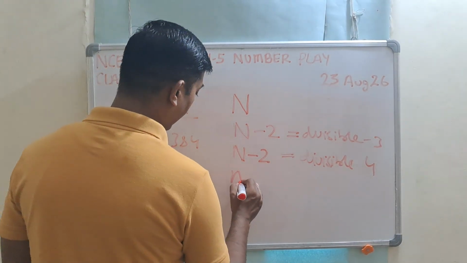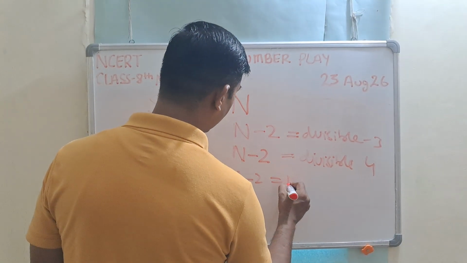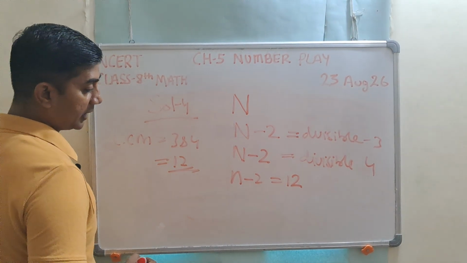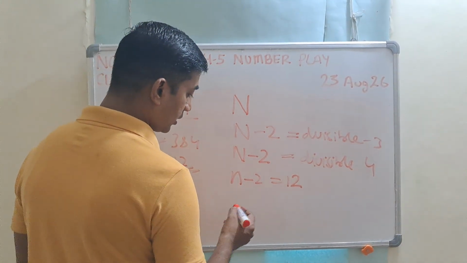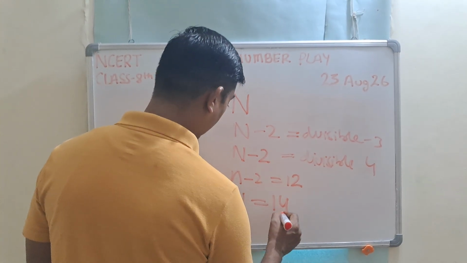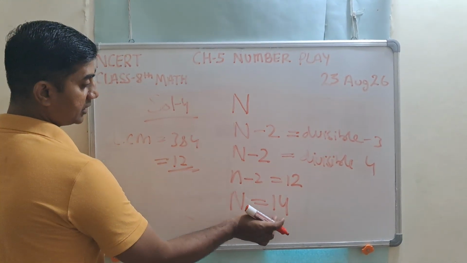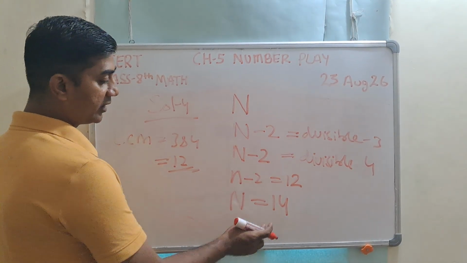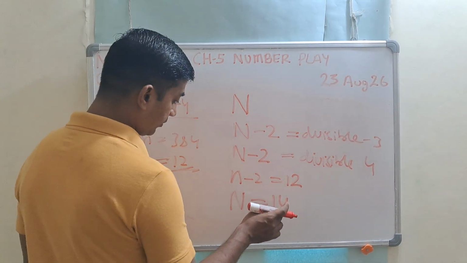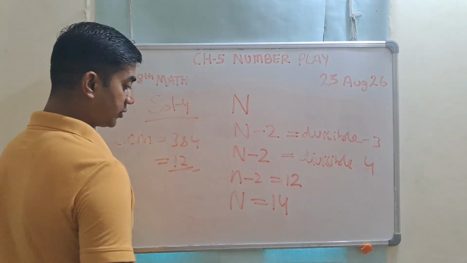So n minus 2 is equal to 12, and the value of n is equal to 14. Now this is the number. When we divide it by 3, we get the remainder 2. When we divide it by 4, we get the remainder 2.